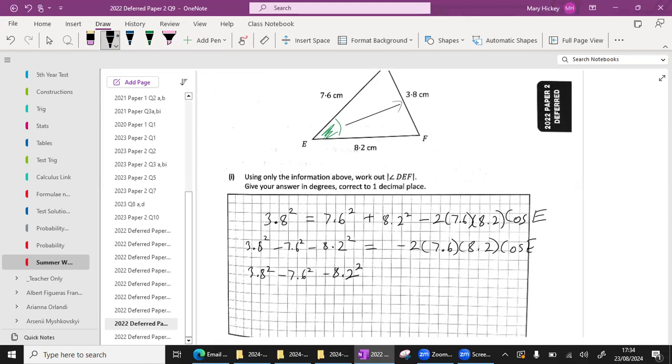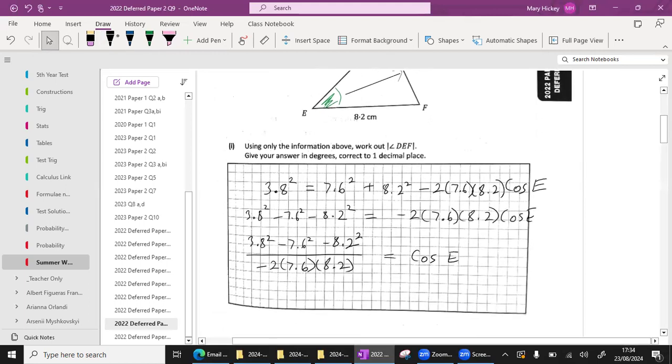Now you can work any of these out separately or put them into the calculator at the end, but just show where you're putting all your figures. And then the last step will be getting the cos inverse of this entire thing. So we're getting the cos inverse of this. And then our answer will be in degrees. And then we'll round it to 1 decimal place.